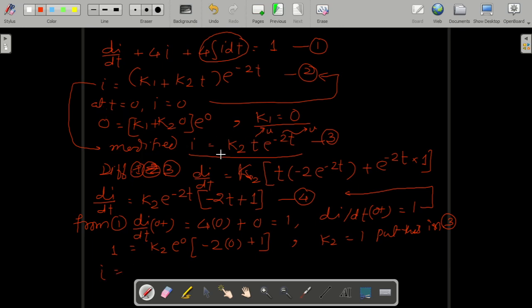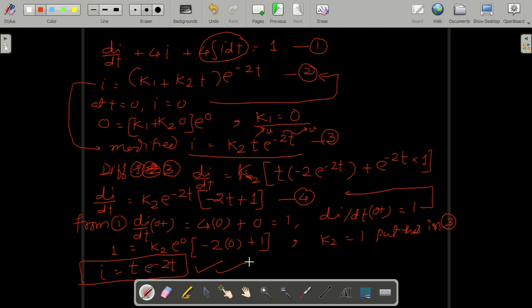This I equal to K2 t. What is the value of K2? 1. So I am getting I equal to t into e raised to minus 2t. This is the solution. This is the amount of current flowing, t into e raised to minus 2t.